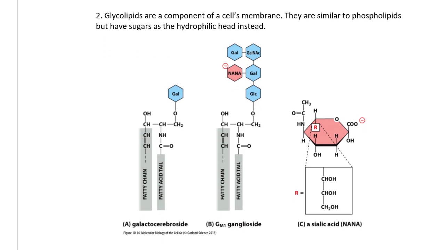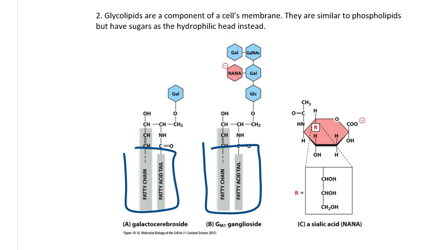Now, there's another type of lipid in cell membranes, glycolipids. Glycolipids are components of a cell's membrane. They're similar to phospholipids, but have sugars as the hydrophilic head instead. So you can see here that we have basically a similar structure starting out with this hydrophobic area right here, the fatty acid tails or fatty chains.